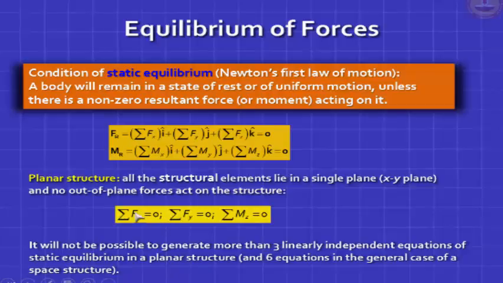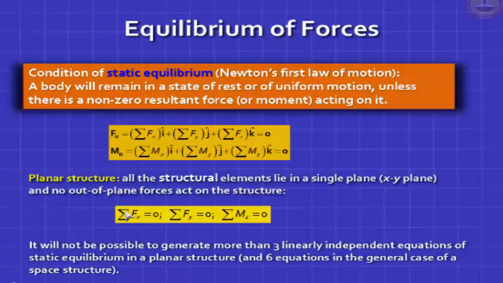Please note, if you take any body in equilibrium and you define your x-axis, y-axis and z-axis, then sigma Fx equals 0 will give one unique equation. Sigma Fy equals 0 will give another unique equation. But sigma M about any z-axis equals 0, you can write 100 equations, 1000 equations, because you can choose a point about which you are applying the moment. But it doesn't mean you will actually get 1000 equations.